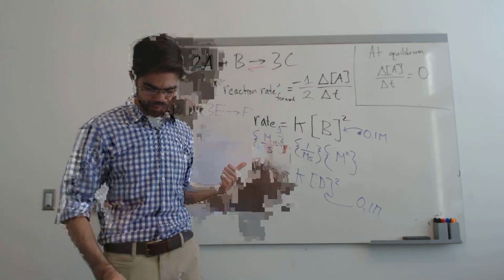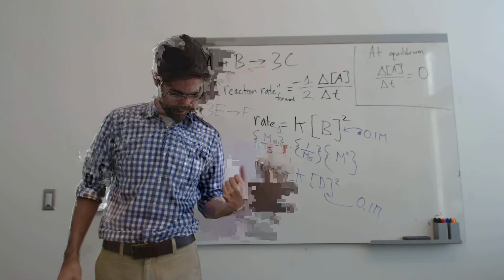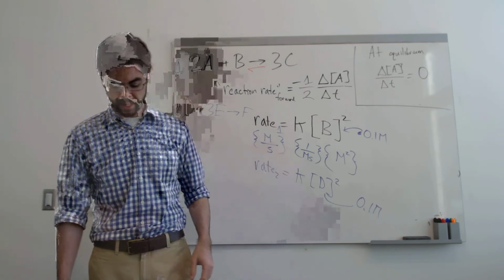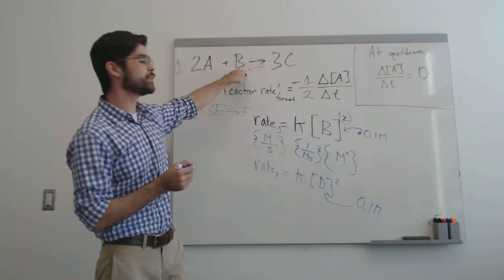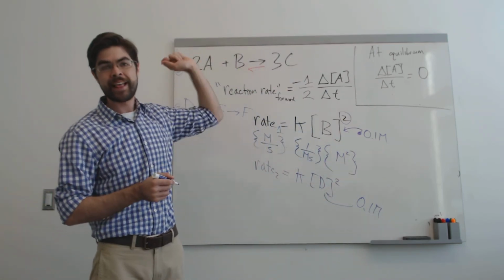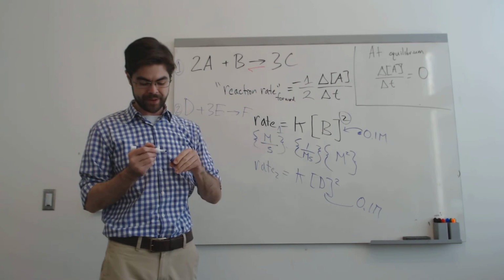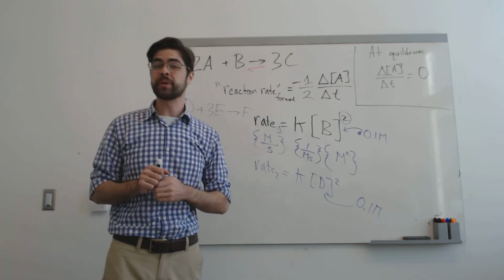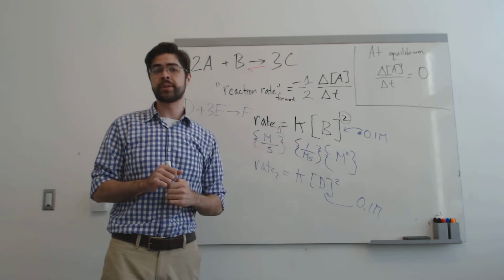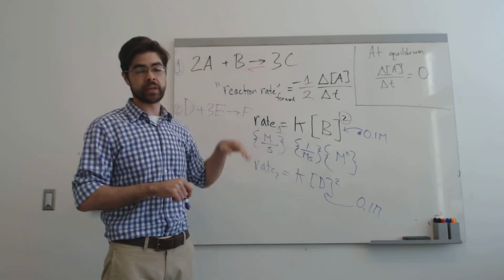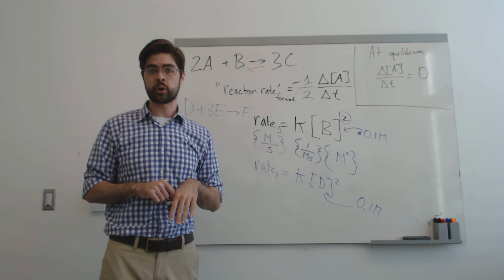Now, I didn't emphasize this enough in lecture, so I'll point this out right now. This 2, where did it come from? There's no 2 in the balanced chemical equation. I'm hoping people might have been confused by that, and you should be. There is no way to predict what that exponent is just by looking at the balanced chemical equation.